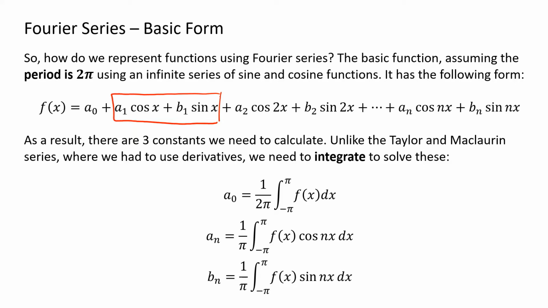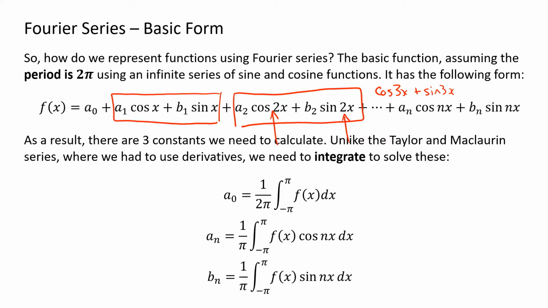And you keep adding a cosine and a sine, but you add one within the function. So it becomes cosine of 2x and sine of 2x. The next would be cosine of 3x and sine of 3x.